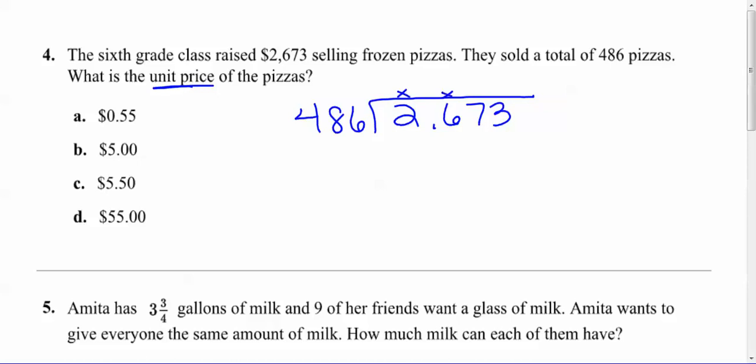It does not go into 26. It does not go into 267. So that immediately eliminates, like there's a decimal point right here, right? So that immediately eliminates this. Now obviously it's going to go into 2,673 a number of times, so that would also eliminate that answer.